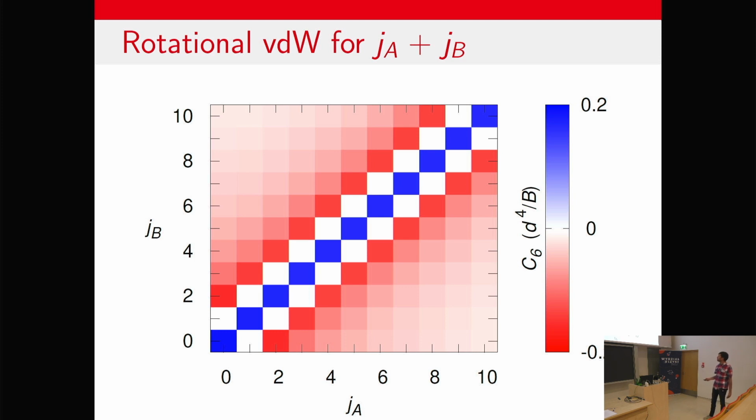Okay, so again, this is sort of the general case. This is a sort of schematic of this. It is the color-coded C6 coefficient as a function of the 2 rotational quantum numbers. You see almost the entire graph is red. So the repulsive rotational van der Waals interaction is sort of the rule. And the only 2 exceptions are the cases that we've been looking at, namely putting both molecules in the same rotational state gives you an attractive van der Waals interaction.